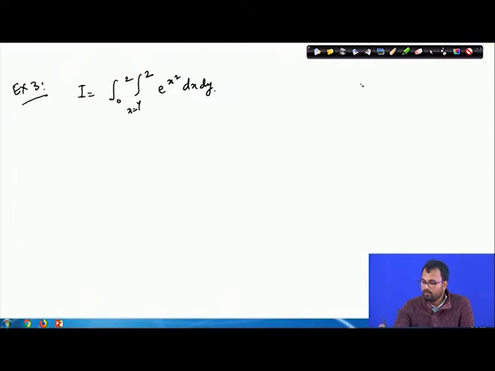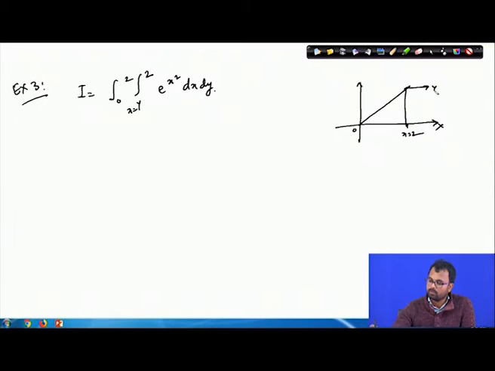So here we have our area of integration as x from 0 to 2 and y equals x. So this is my y equals x, and this is the area of integration, right?